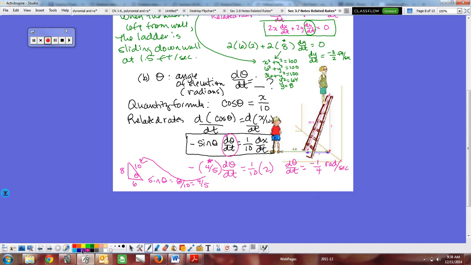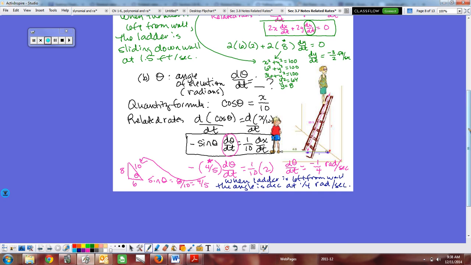And then I can answer the question and finish out B. So when the ladder is 6 feet from the wall, the angle is decreasing at 1/4 of a radian per second. And then we're done with that problem.